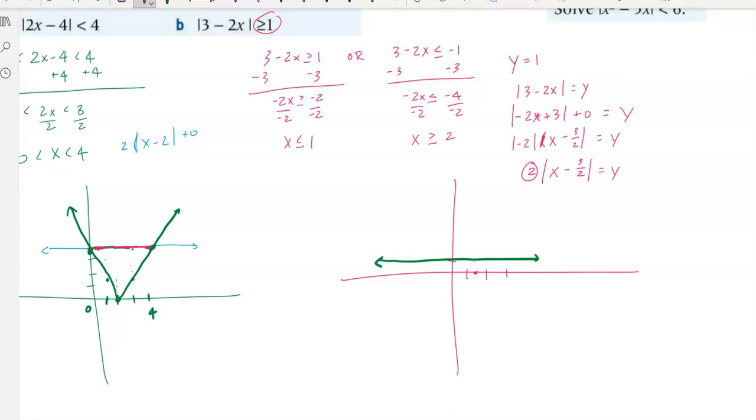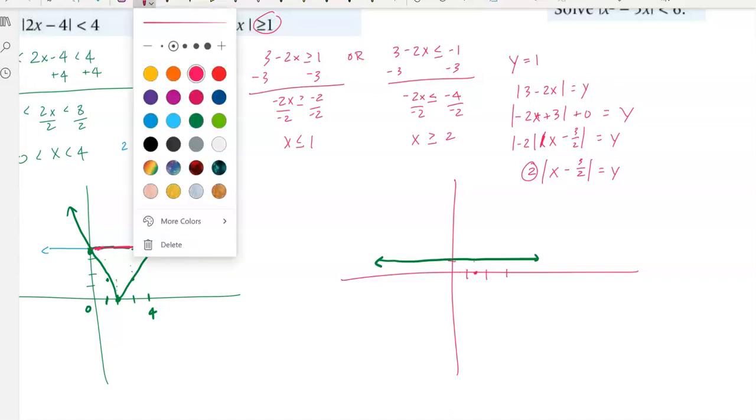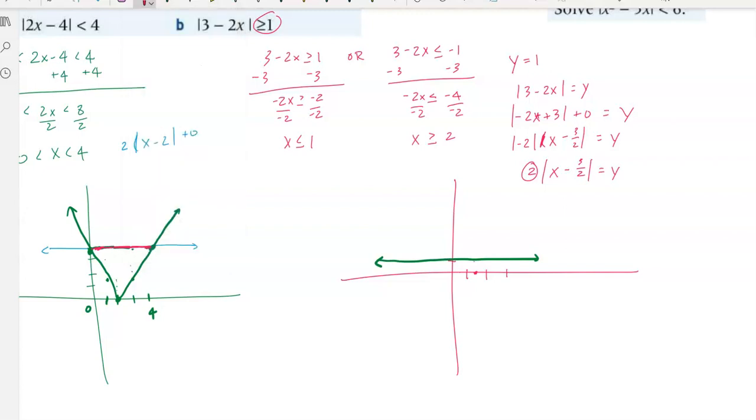And then the other one, make it bigger. 2, 1, 2, 1 right here, and 1, 1 right here. Satisfies both.